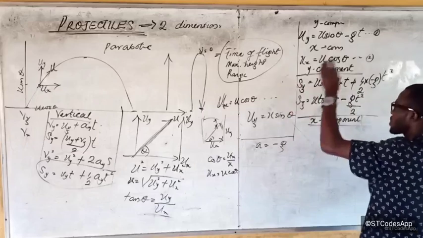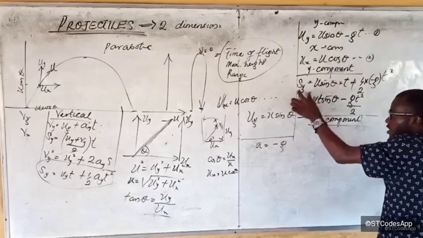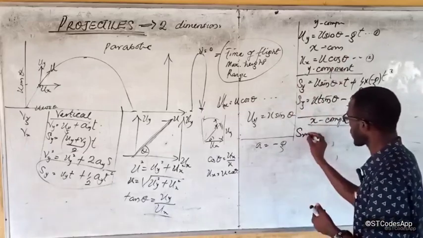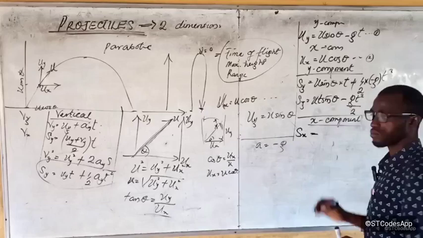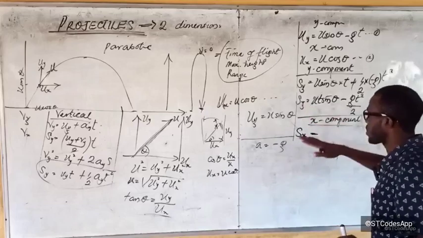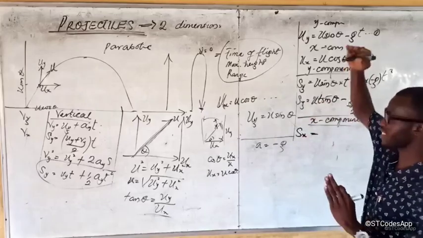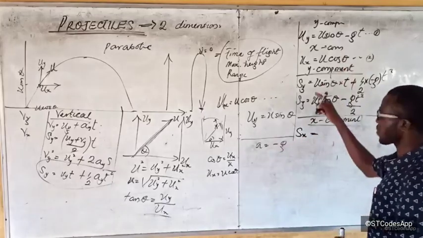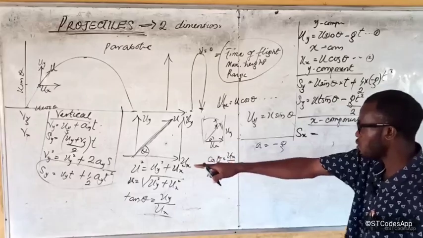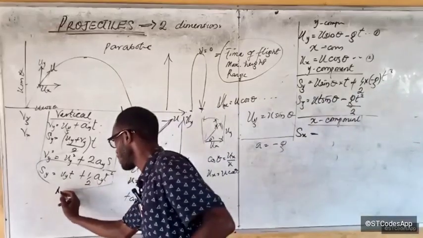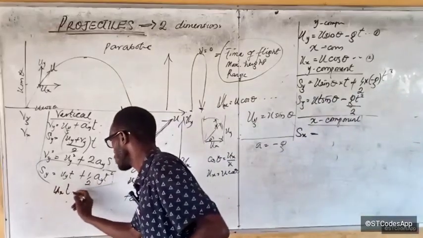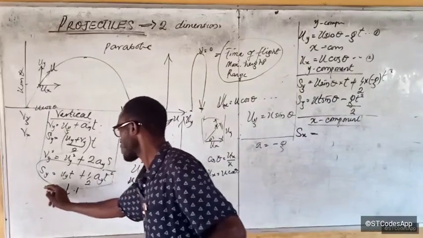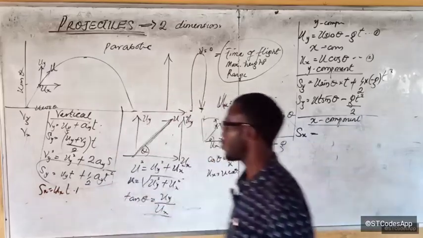This will now be the equation for the vertical displacement on the y-axis, and this is for the horizontal displacement on the x-axis. So s_x will be equal to u_x t plus one over two a t squared, but a will be 0, so everything will be 0. So s_x will be equal to u_x t.